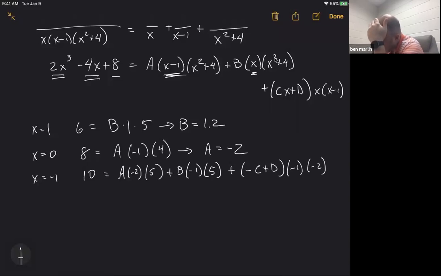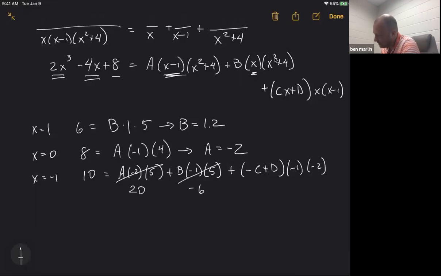So simplify that where we can. Fortunately, we know a value for a, so this part here would turn into 20. We know a value for b, so when you multiply that there, you will get negative 6.